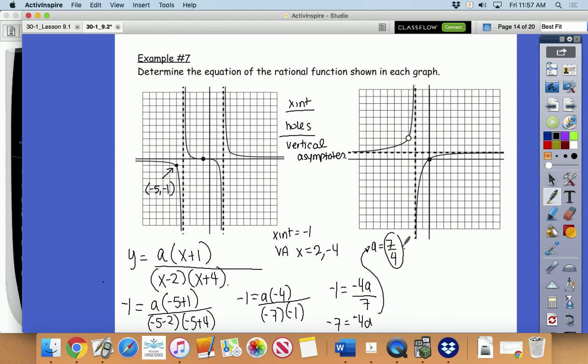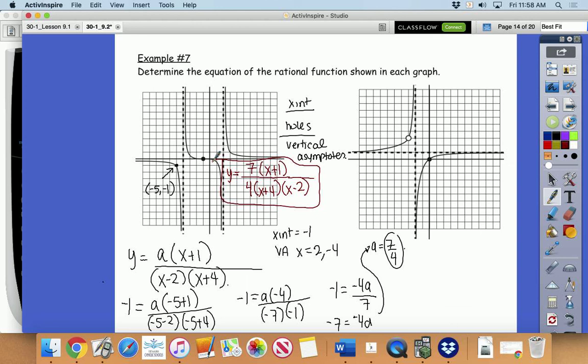So our answer, the rational function that represents the drawing, would look like this: y equals 7 at the top, the 4 at the bottom in your denominator, and then you would have your x-intercept factor, your x plus 4, and x minus 2 as your vertical asymptotes. Now, if you were to graph this, it would look like the picture that we have been given. So that's how you check. Graph it to see if it looks the same.